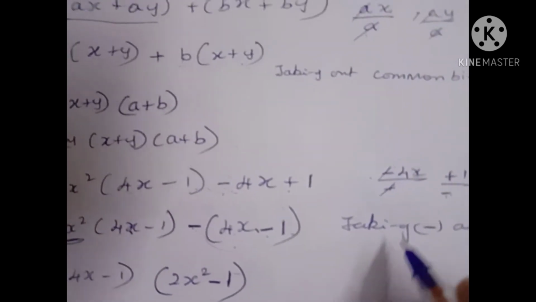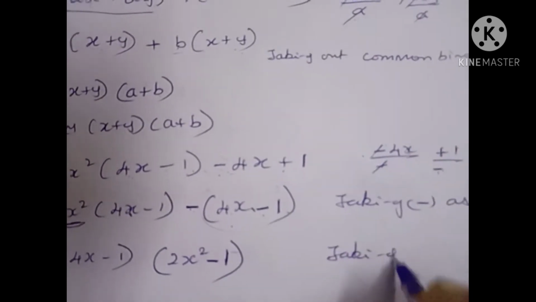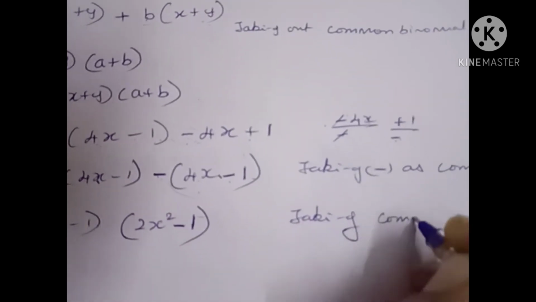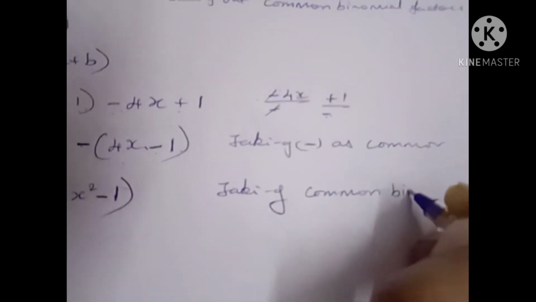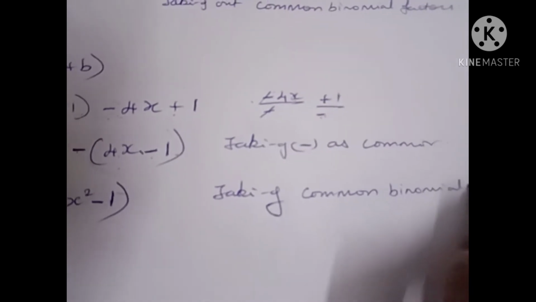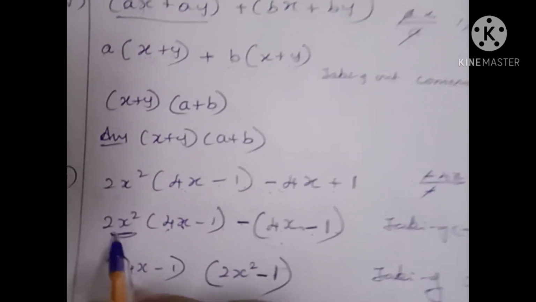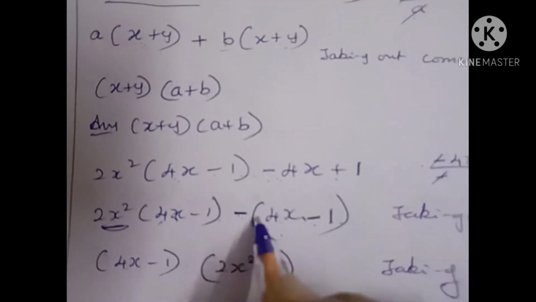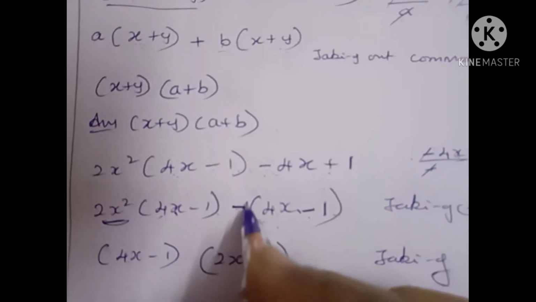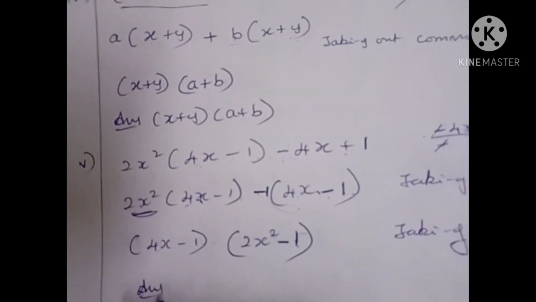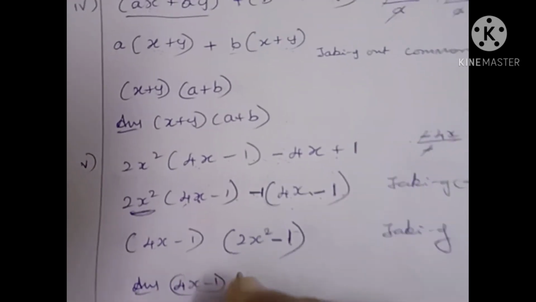So taking the common binomial factor, the common binomial factor is 4x minus 1. And the remaining is 2x square. And here no number means you have to assume 1, minus 1. So the answer is 4x minus 1 into 2x square minus 1.